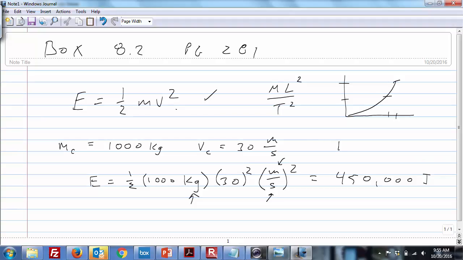And I'll just write that out. 1 joule equals 1 kg meter squared per second squared.